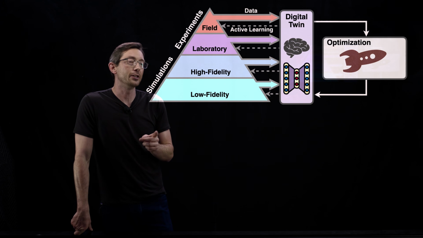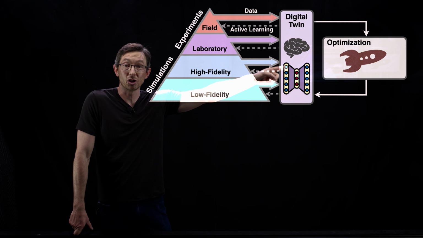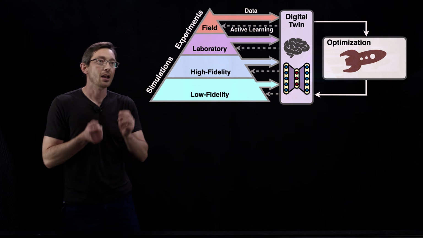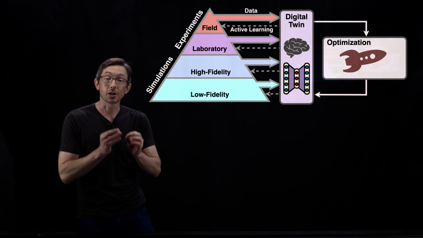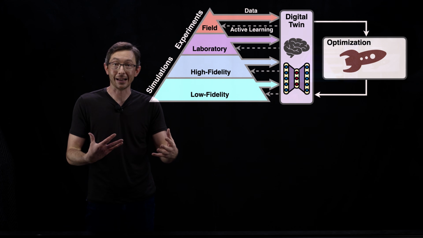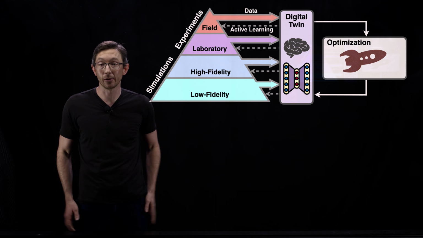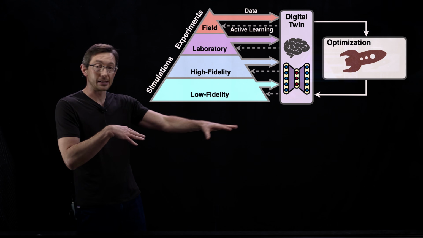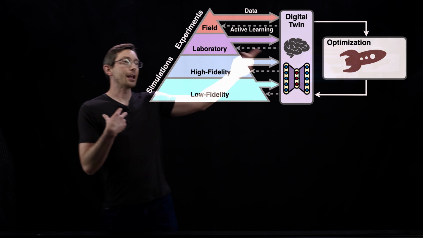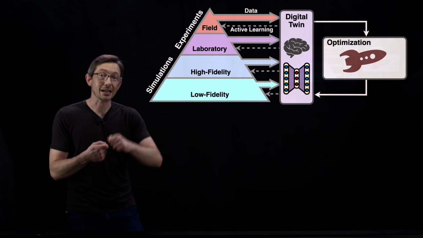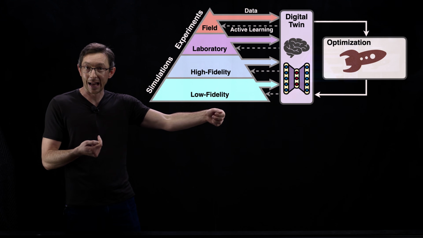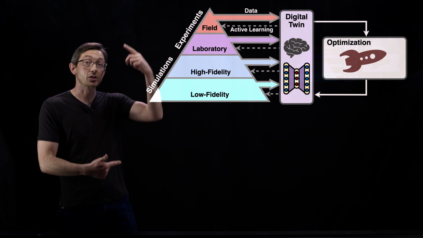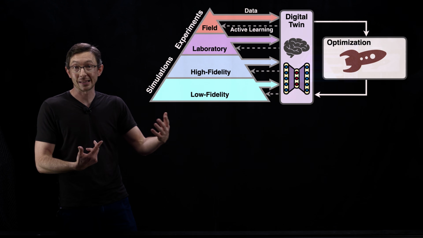What I would love to do is have my machine learning model, my digital twin, have an estimate of how much uncertainty that model has for different configurations, for different design inputs. So if I am trying to design wings, then I would like my digital twin not just to give me an estimate of the lift and the drag for a particular wing geometry, but to also tell me how uncertain or certain it is of that estimate.